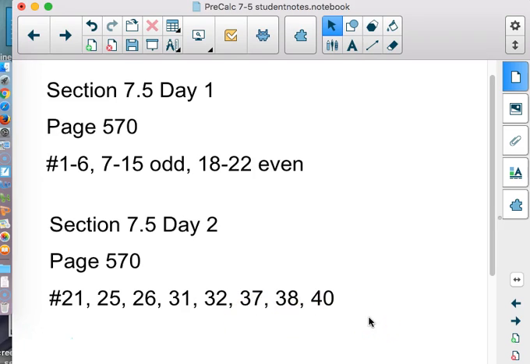And some of you maybe could do those just by extrapolating what we've been doing in class anyway. But definitely make sure you finish up your 7-4 stuff, because full credit on Monday if you give me that. And at least do that 7-5 day one. Now we're caught up again.